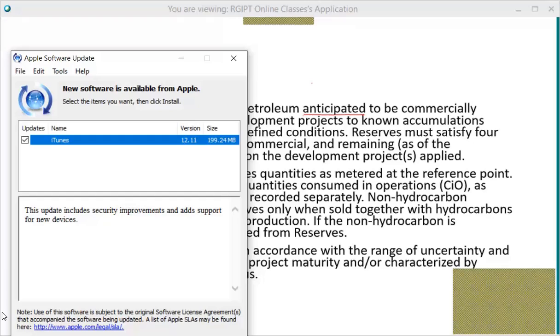Typically, when you do reserve estimation, a company-wide certain oil and gas price is taken for the commerciality. So even though, let's say today, it is $55 per barrel, maybe some companies may be doing their reserve estimate based on $20 per barrel or $30 per barrel.